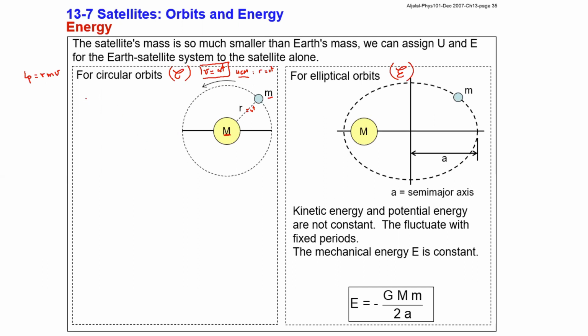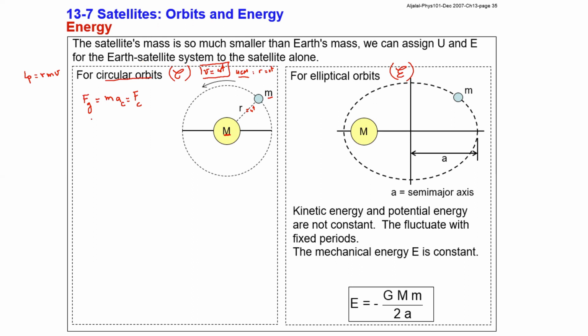Now let me apply Newton's second law on the satellite. The net force, which here is the gravitational force, is m a. But this a is a centripetal acceleration, a_c, because the gravitational force is the centripetal force at the origin of this orbiting of my satellite around the larger body, since I have a uniform circular motion.